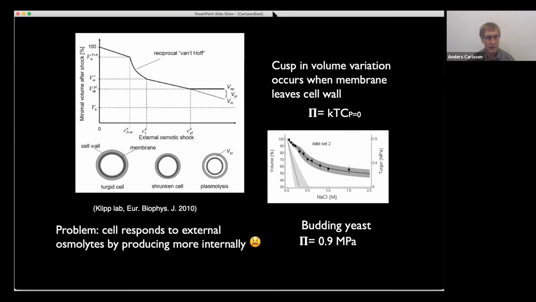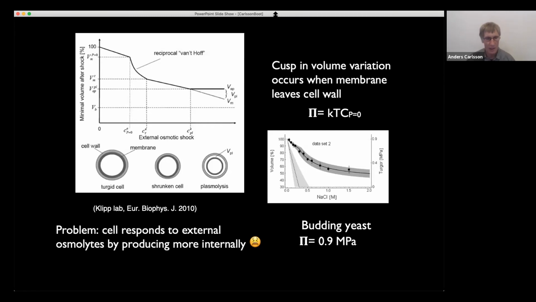So what we do is we increase the force that's called the external osmotic shock. So we increase the concentration of osmolytes on the outside until there is a rapid collapse. And that's what we see here. So you follow the volume in the experiments as a function of the external concentration, and all of a sudden it'll have a cusp and it'll dip down.